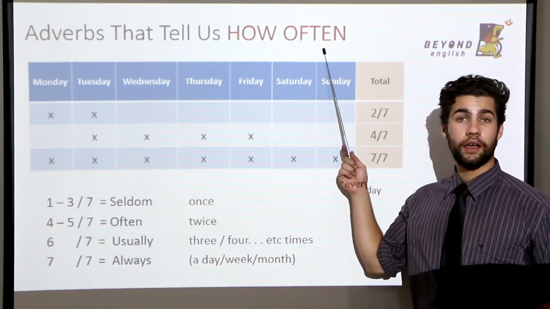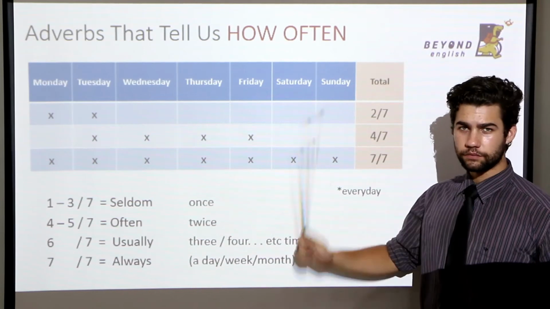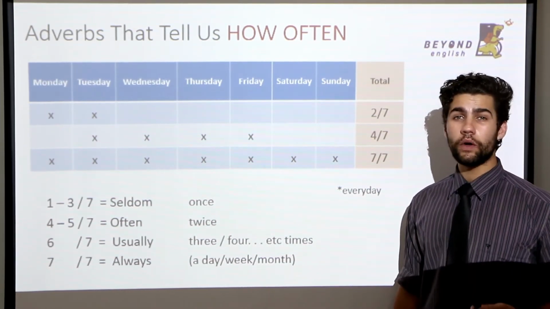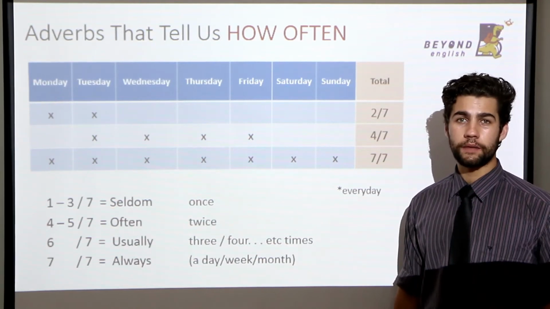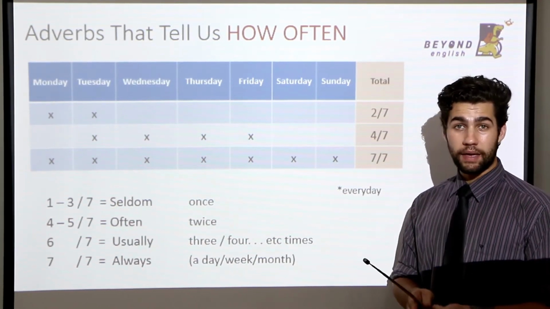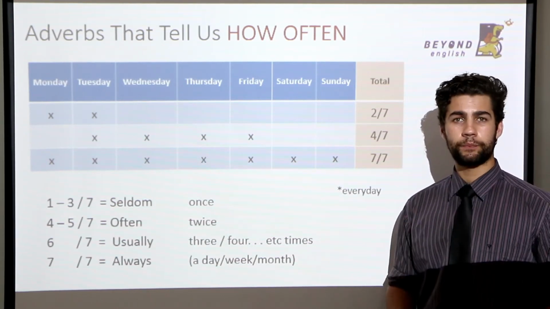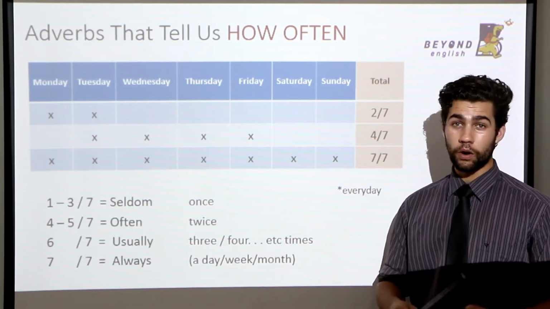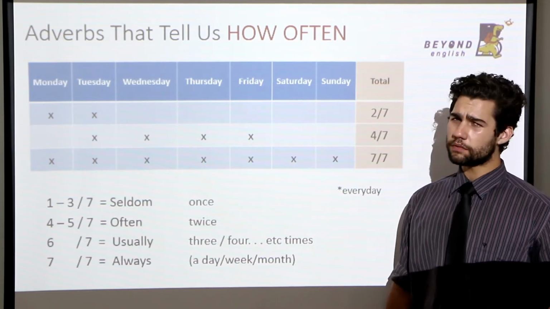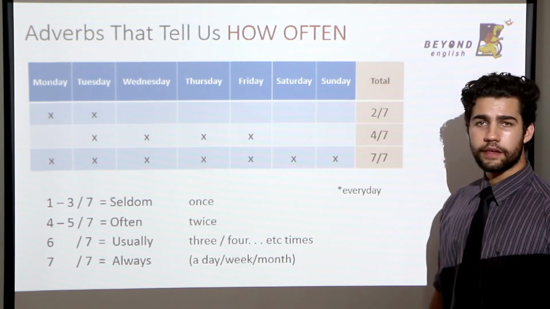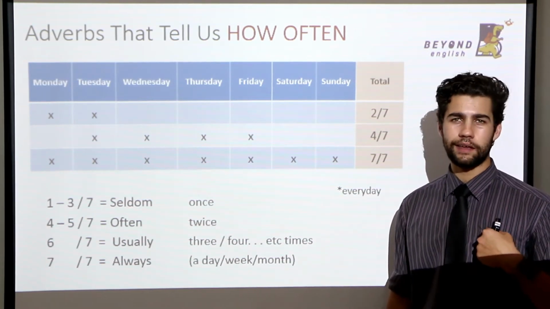Next we have how often. When we talk about how often, we always talk about how many times in a week, a month, or a year. Sometimes even a day. So, let's say I play tennis.